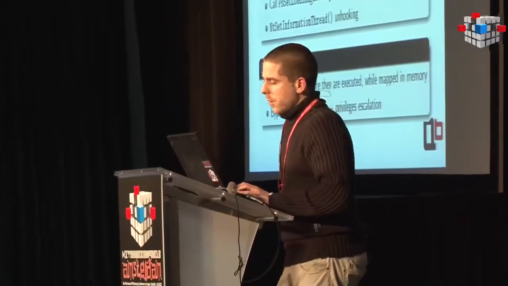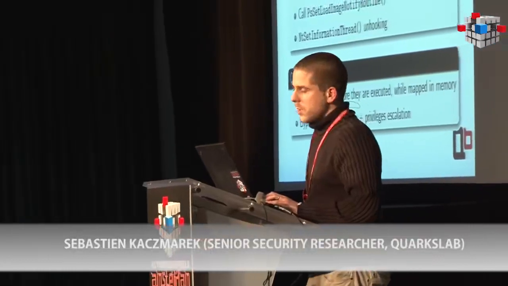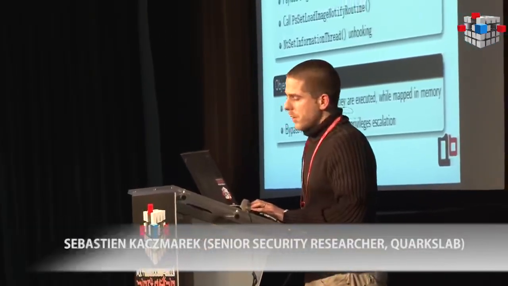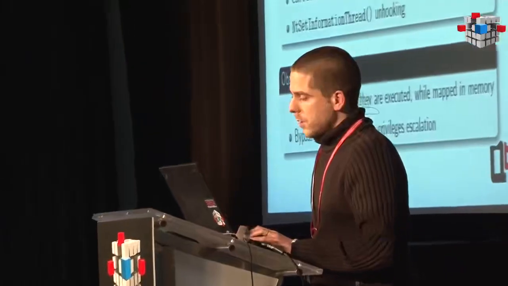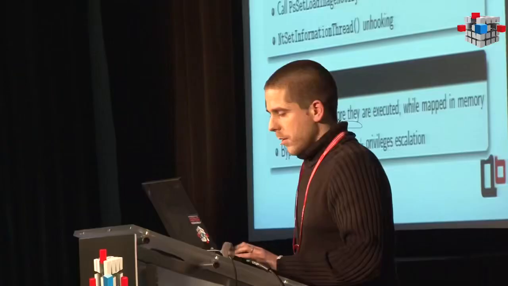In this case, I have allocated legitimate memory using a kernel API, ExAllocatePool, classical one, with the non-paged pool execute flag, which was introduced with Windows 8. And next, I copy the bootkit code into this memory location.